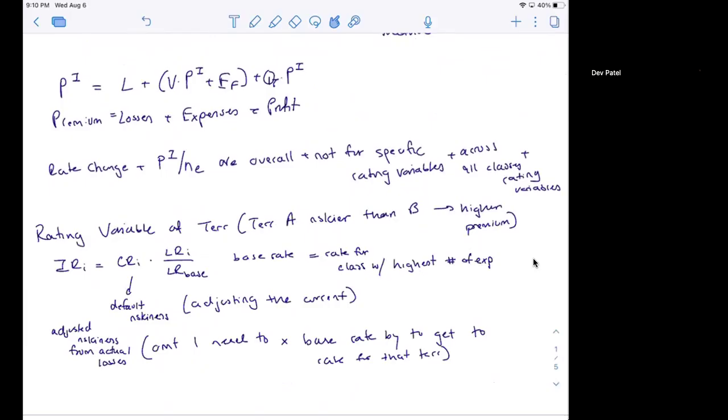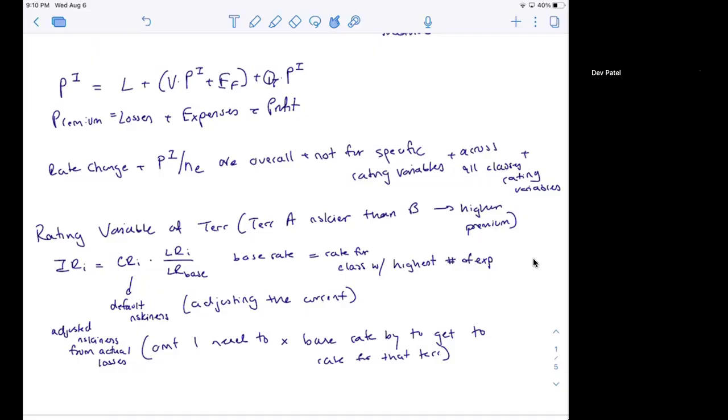So current relativity is from the base class: how risky are these other classes? So class A versus class C compared to class B, if B is the base class. A riskier class is going to have a higher premium, right? A class that has a lower risk is going to have a lower premium. So that is the entire purpose of current relativity.